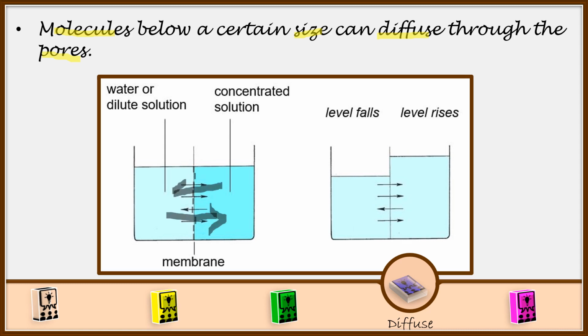Now, they only allow materials or molecules below a certain size to flow through those pores, meaning that the molecules which are bigger may not pass through those pores in the membrane. So those particles which are big will stay on one side, but the particles which are very small can move across the pores.